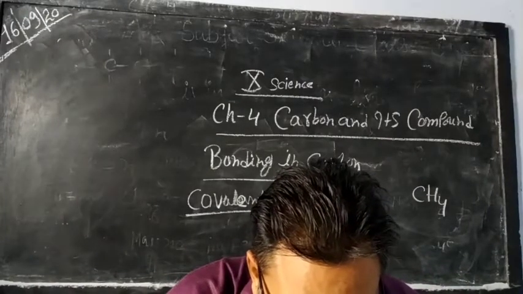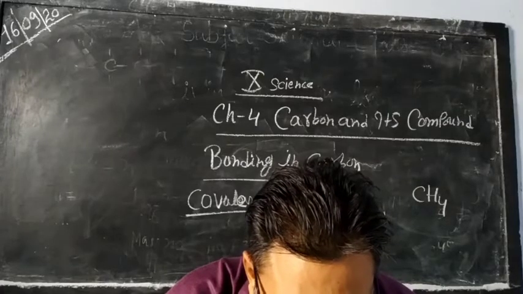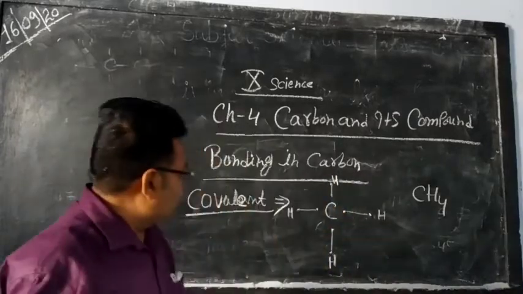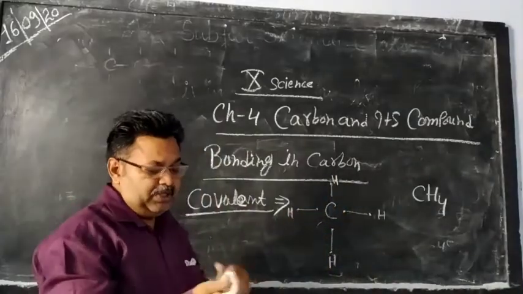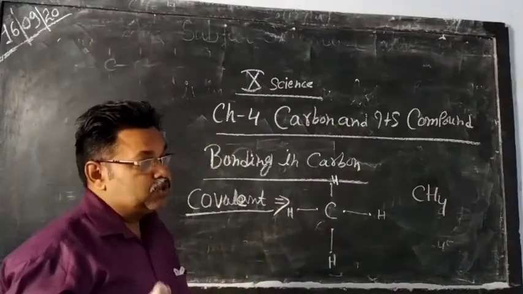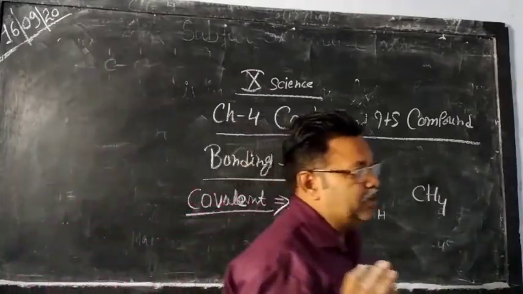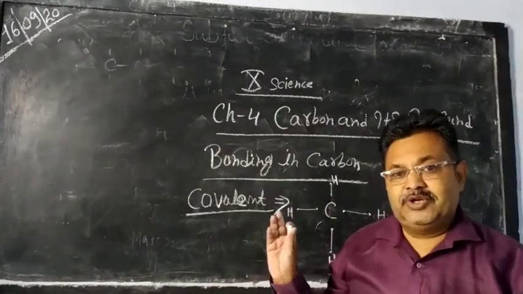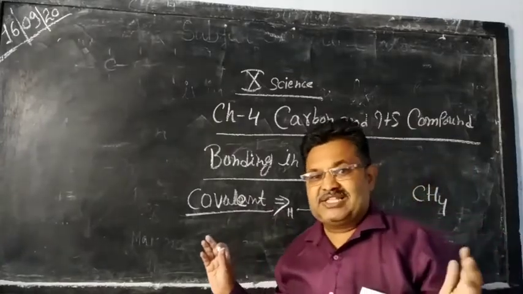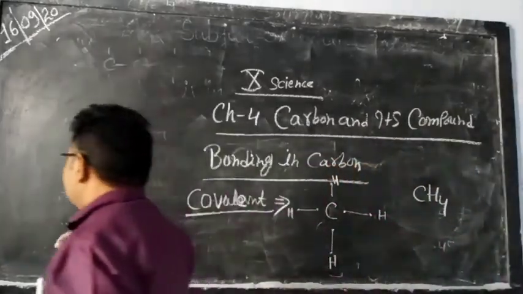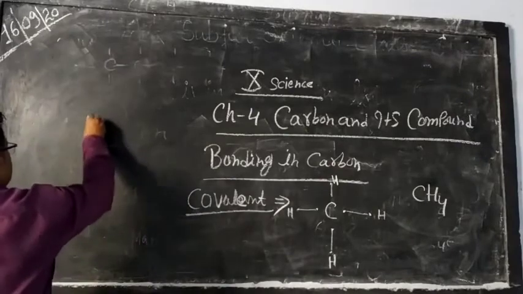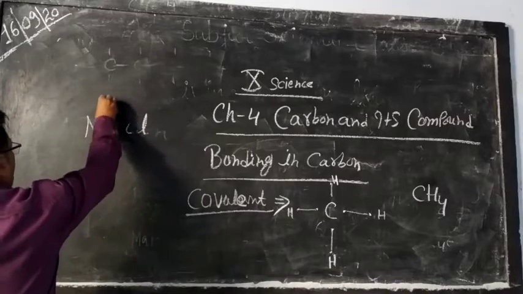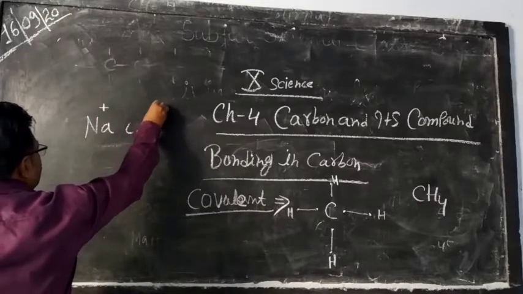Carbon compounds have low melting and boiling points as compared to ionic compounds. These are covalent compounds, and what are ionic compounds? Ionic compounds are the compounds formed by the formation of ionic bond, and ionic bond is formed by the acceptance or donation of electrons. Like this, the example of ionic compound: sodium has a positive charge and chlorine has a negative charge.